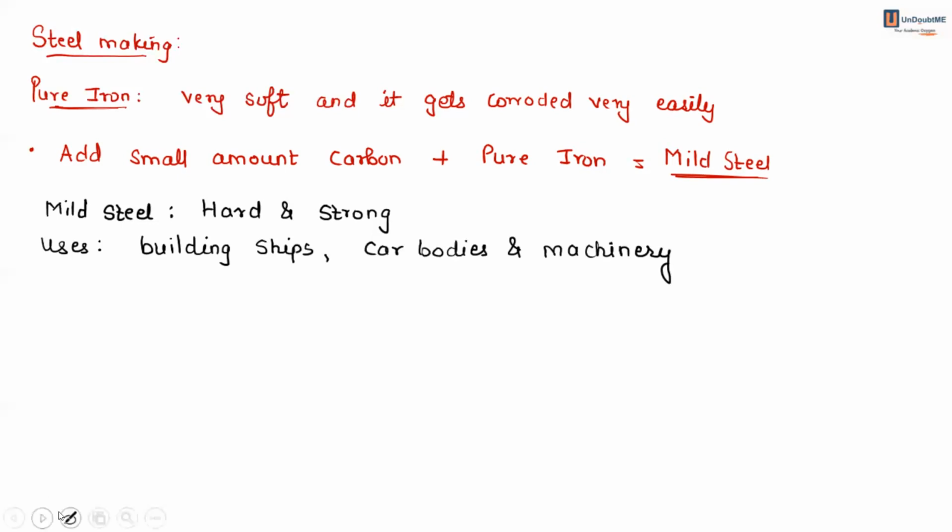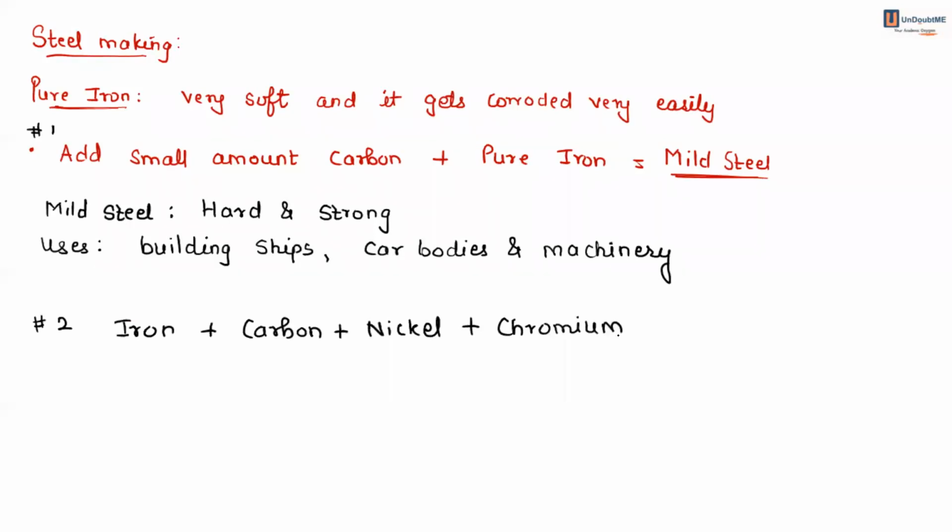So this is part one, now part two. If I have iron, and to that I add carbon, and I also add nickel and chromium, this gives me something called stainless steel.